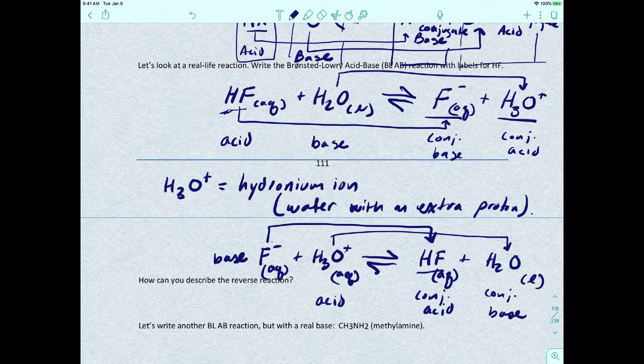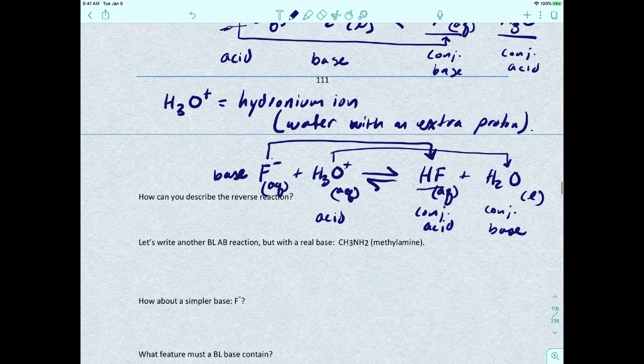Okay. Let's write another Bronsted-Lowry acid-base reaction. This time I'm going to use something called methylamine, which is a methyl group plus an NH2. So here's your base, and it's going to react with water. The way this works is that we're going to use that lone pair of nitrogen to pick up the extra hydrogen from water.